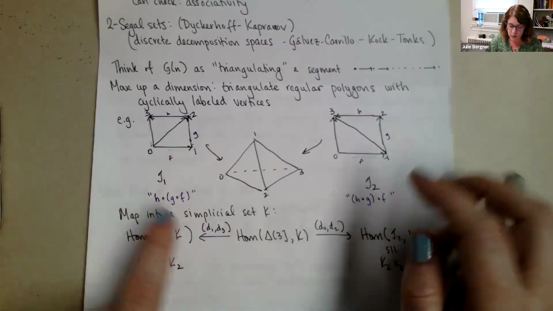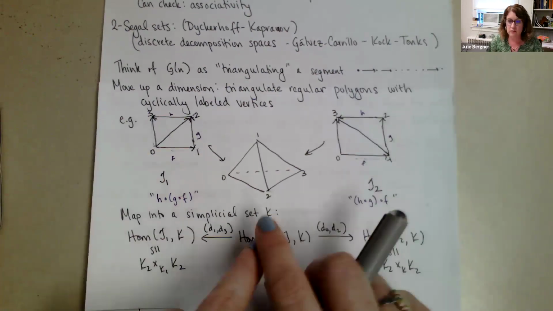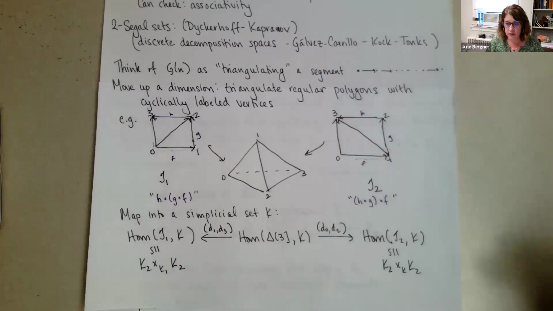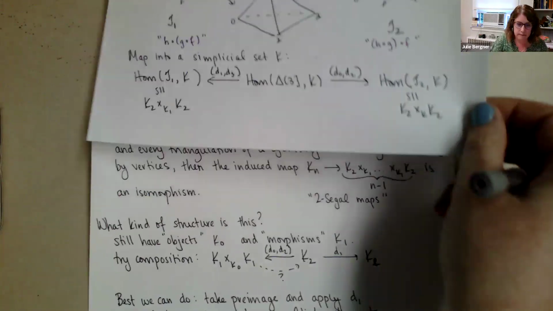That says this arrow 0 to 3 is the unique value for either of these, so they have to agree. We have to be associative. Okay.